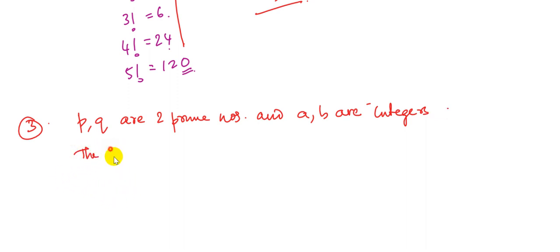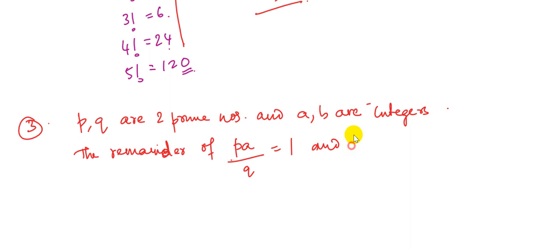The remainder of PA divided by Q is 1, and the remainder of QB divided by P is 1.